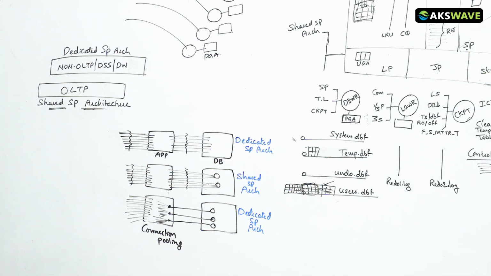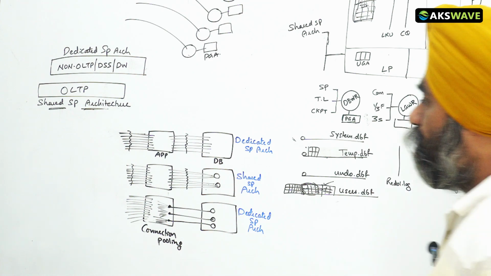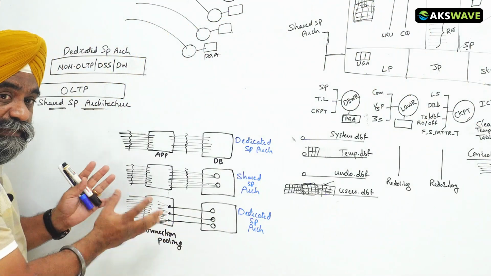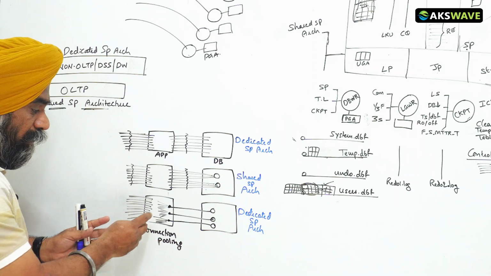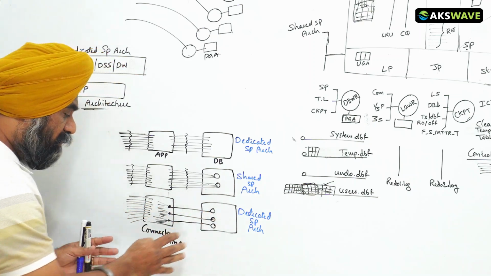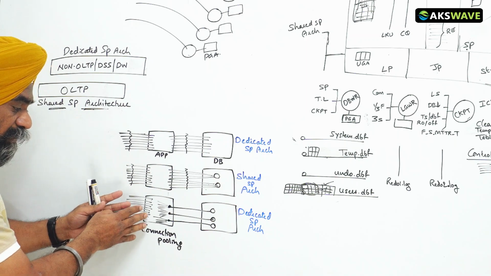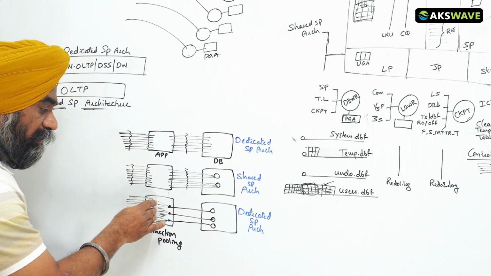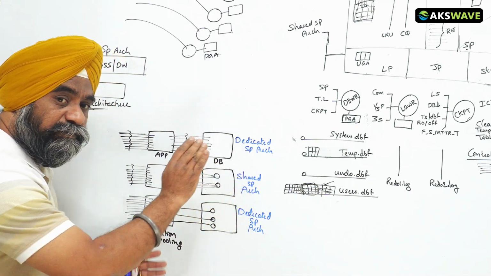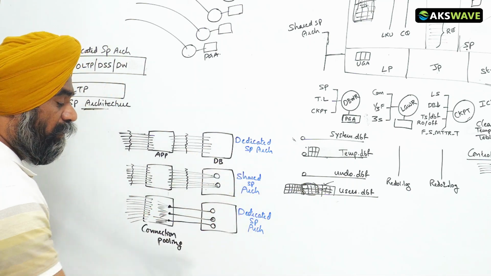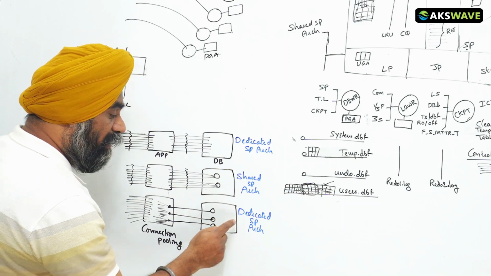Nowadays, advanced applications, high-end applications, they all have this feature available. What is that? Connection pooling. So the application layer itself will take care of this part. There are only a few connections on the database, and all the requests, hundreds and thousands of requests coming in, are completely controlled here, and they're simply forwarded only through these few channels available. From the database server point of view, what architecture are we using?